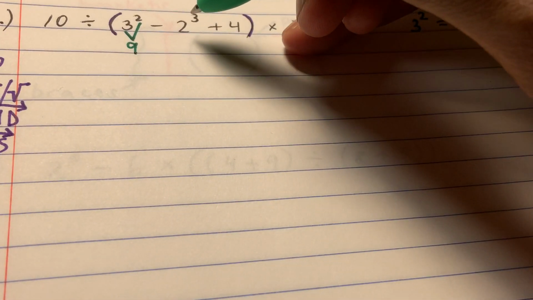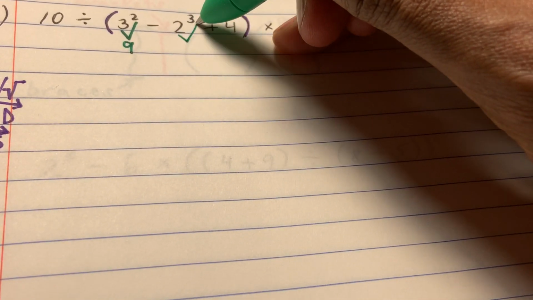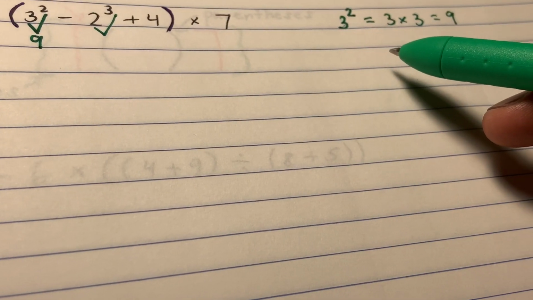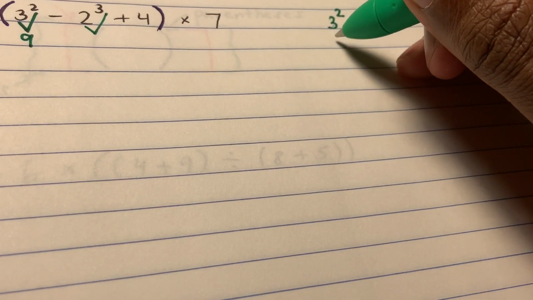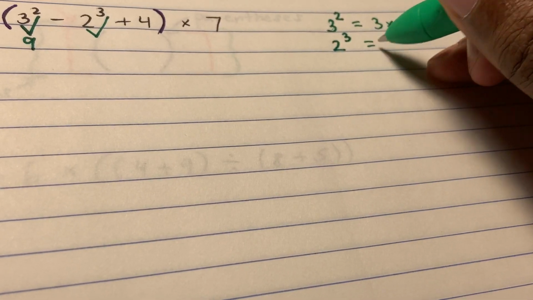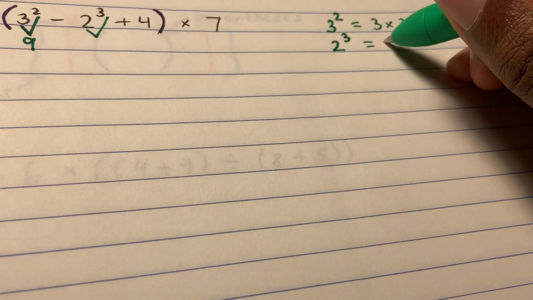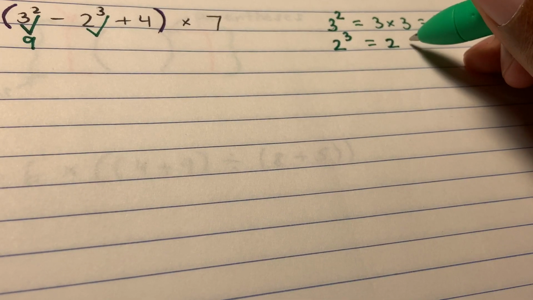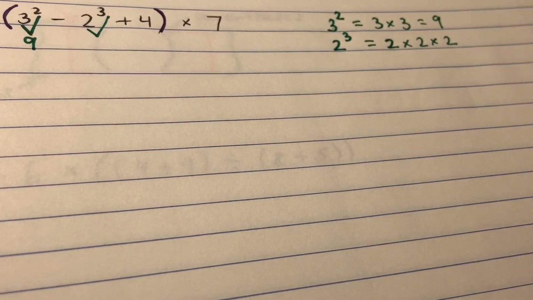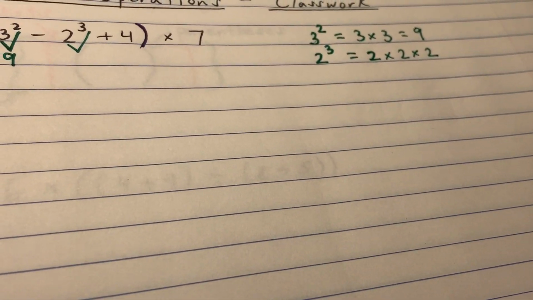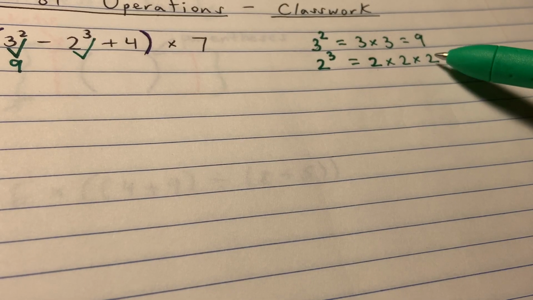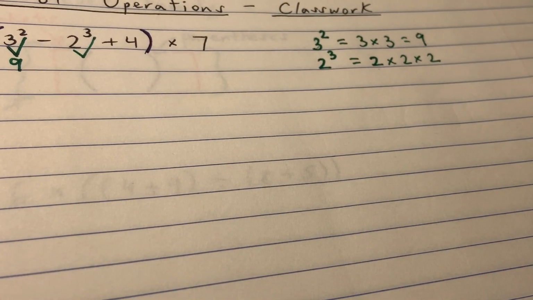Now, ladies and gentlemen, I have 2 to the 3rd power. That's also an exponent. Again, work it out on the side. 2 to the 3rd power equals. How do I write that out? Someone tell me, please. Okay, someone just said 2 times 2 times 2. Let me ask a question. Tell me if I'm doing this correctly. 2, 4, 6. The answer is 6.